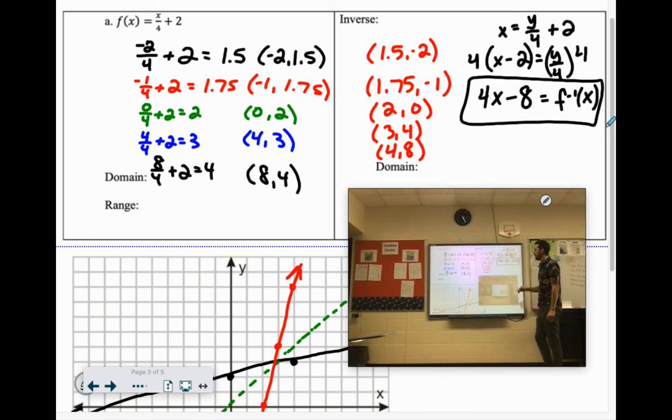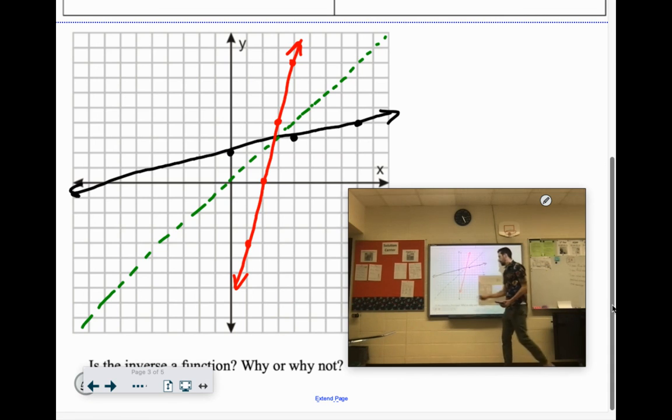So if you were to graph that in slope-intercept form, you would start at negative 8, and then you would go up 4 over 1. So it's down here, then up 4 over 1, up 4 over 1, up 4 over 1. It's almost easier to graph it in that linear form than it is to just pick the coordinates.